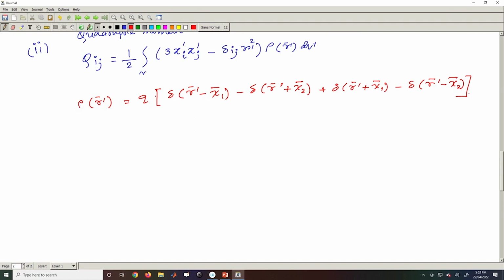So, that density I will put here one by one. First, let us calculate, because there should be 9 terms, q11, q12, q13 and then q21, q22, q23 and so on.